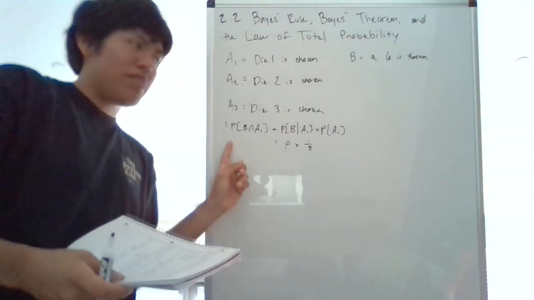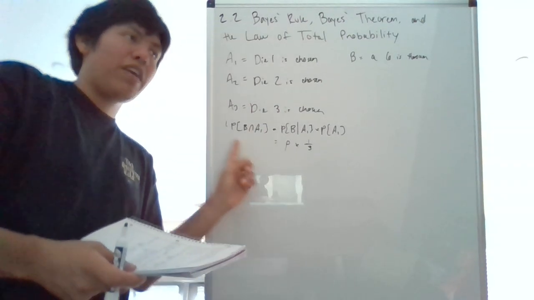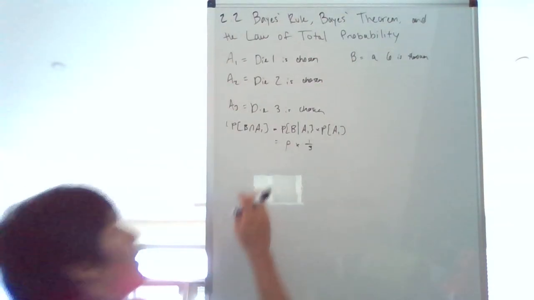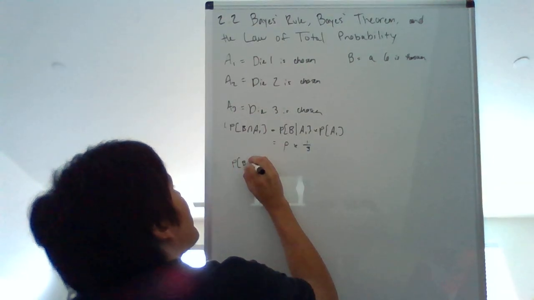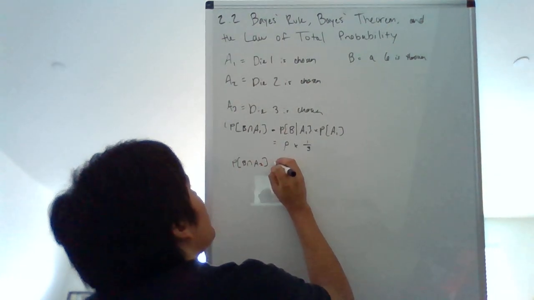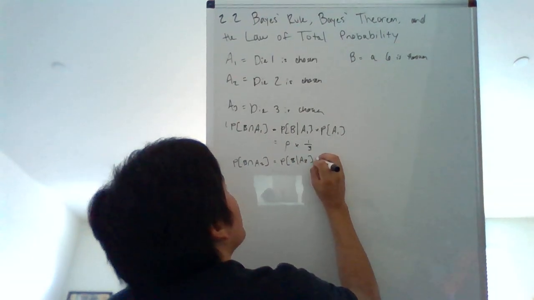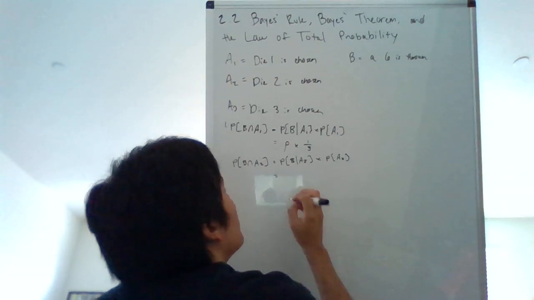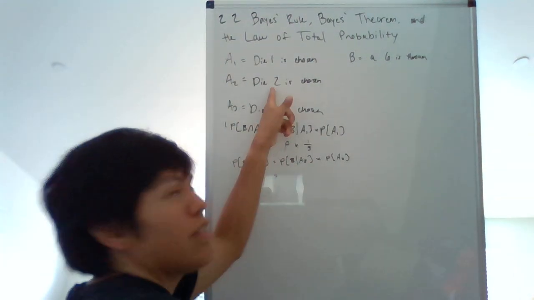We use this same logic to find B intersect A sub 2 and B intersect A sub 3. The probability of B intersect A sub 2 is equal to the probability of B given A sub 2 times the probability of A sub 2. What's the probability that we throw a 6 given that die 2 is chosen?